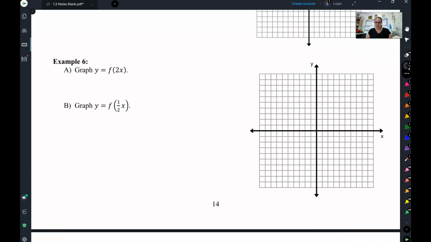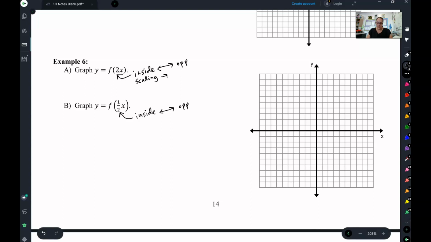Let's try some scalings last. So these ones are very similar to the last video, except these ones are both inside. So now instead of stretching it vertically, we are stretching horizontally. So this one is inside, we're multiplying, so we know it's a scaling.